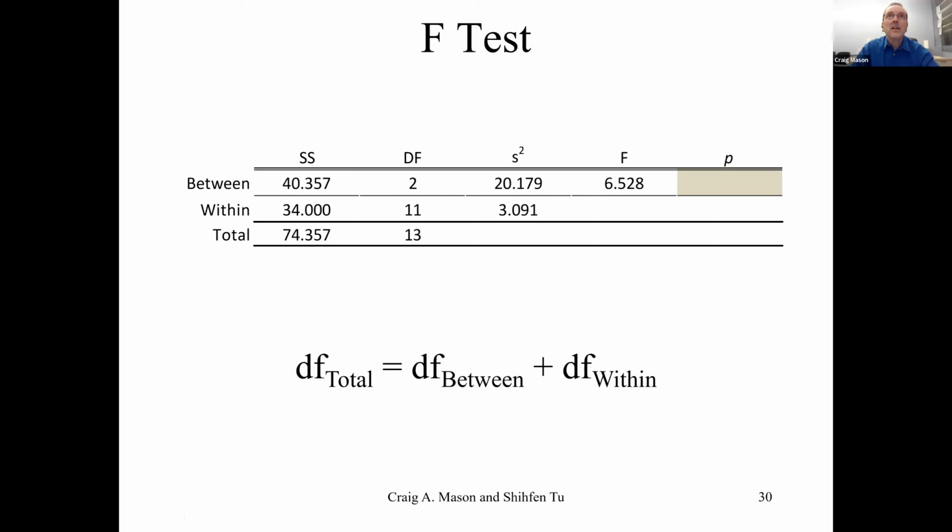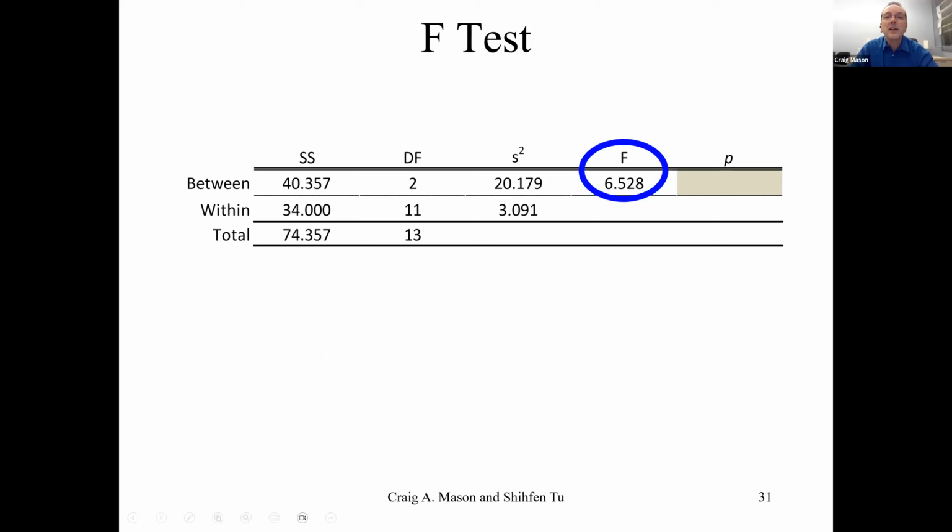Now all we need to do is calculate our p-value. And, right, we know our F is 6.528. We know the degrees of freedom is 2 degrees of freedom between, 11 degrees of freedom within.